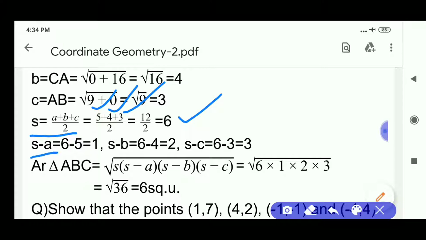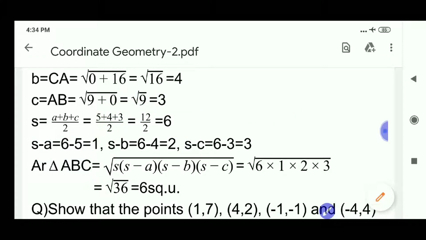s minus a means 6 minus 5 is 1. Similarly, s minus b is 2, and s minus c is 3. Area of triangle ABC: Heron's formula says root over s into (s minus a) into (s minus b) into (s minus c).